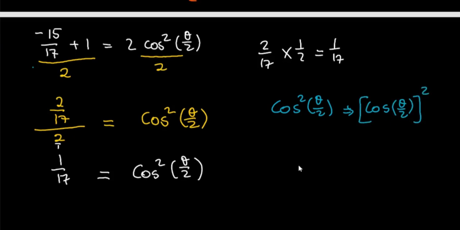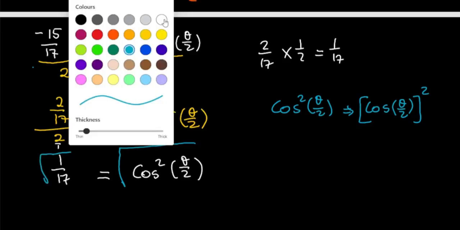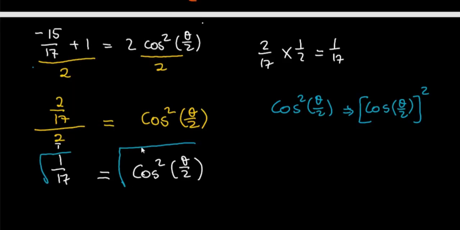You can just write it like that. So what I'm trying to say is that you can square both sides to remove the square root. When you square both sides, this square root here will cancel that 2.